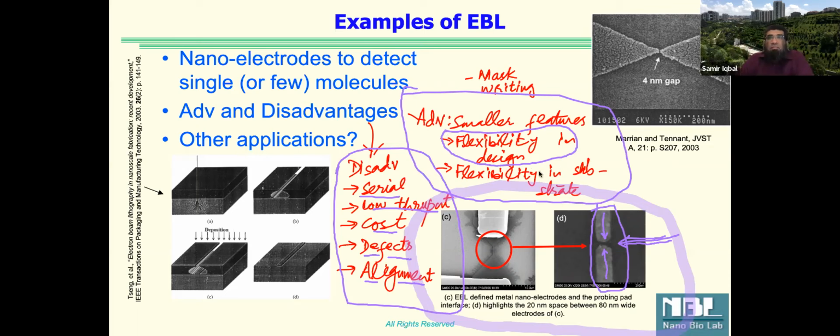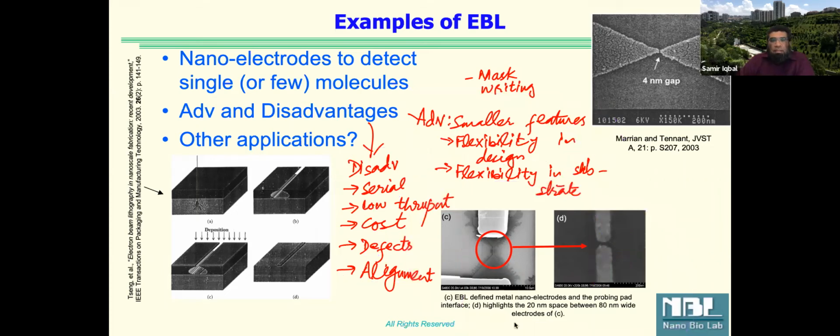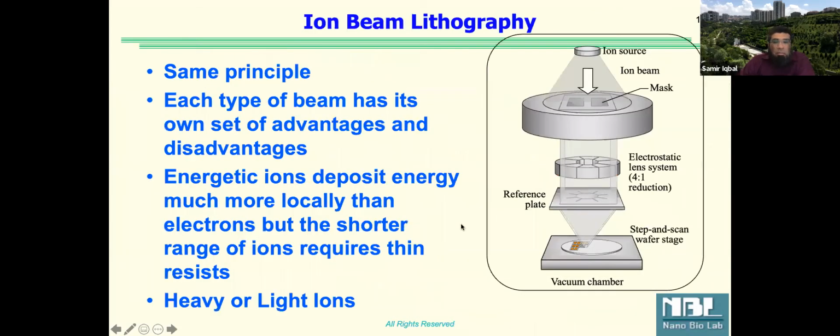You have flexibility and you can write the design on many different kinds of substrates: silicon, glass, silicon nitride, many kinds of substrate can be used here. Questions?